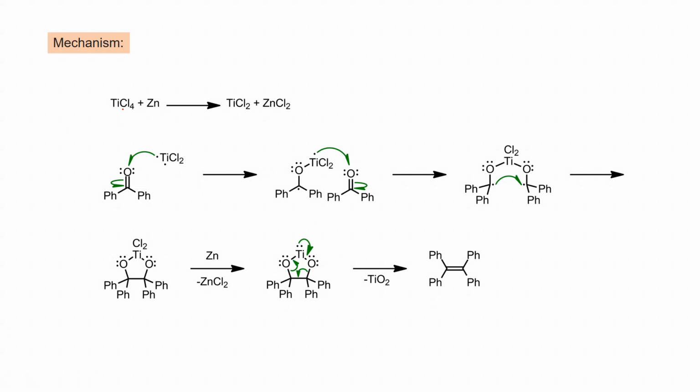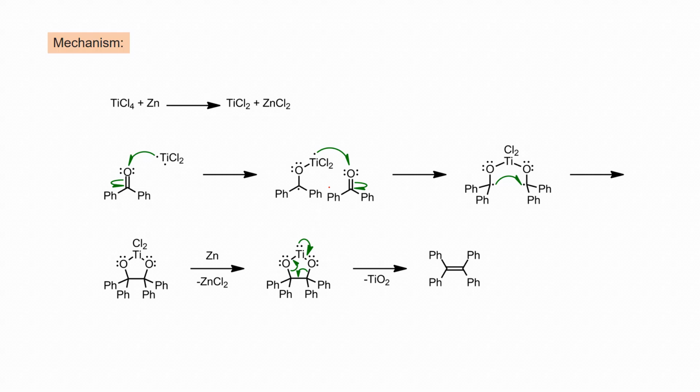Titanium tetrachloride in the presence of zinc forms this titanium Cl2 and zinc Cl2. Then this single electron goes to the oxygen, and this carbon-oxygen double bond will break partially, forming this carbon radical.